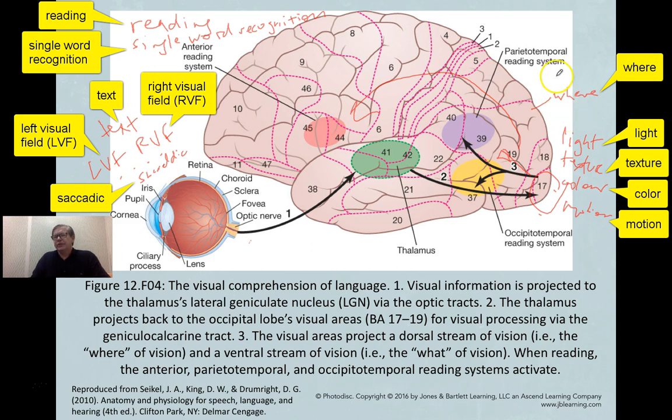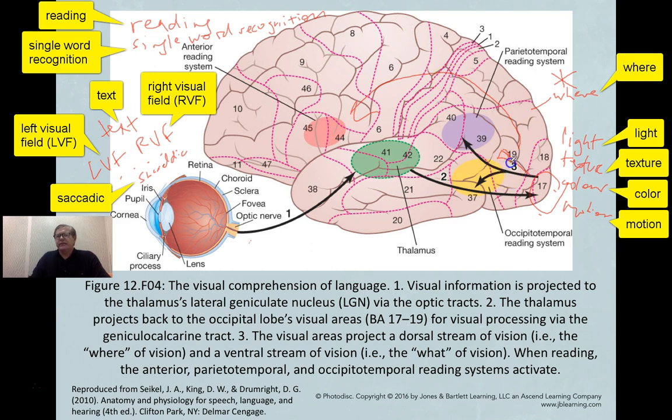Where is that information? So in terms of the coordinates of space, x, y, z coordinates, we want to know where in space is the object that we're perceiving, and that's the job of the dorsal stream.